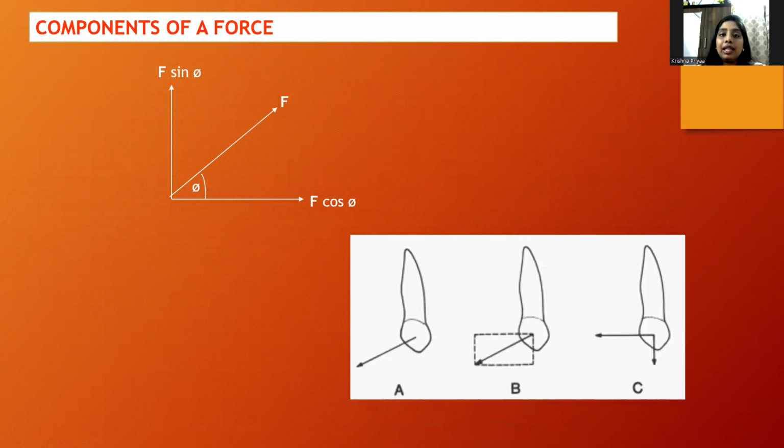So a force, right? Now we've described it. When you apply a force onto the teeth, it is divided into a vertical part and also a horizontal part, as you can see here. So this force is basically a resultant of a vertical and a horizontal component.